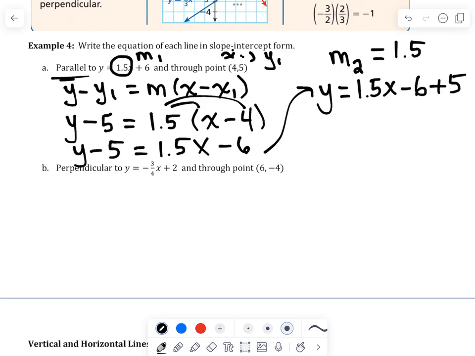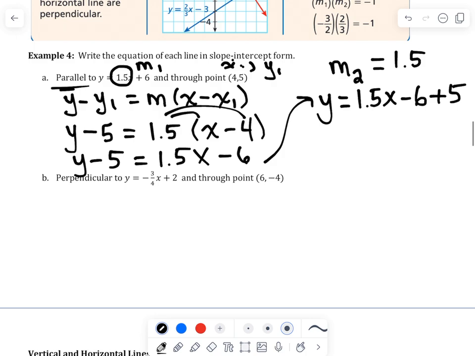And then we simplify those constants. So negative 6 plus 5 is negative 1. So now these two lines are parallel. They just have different points that they run through.